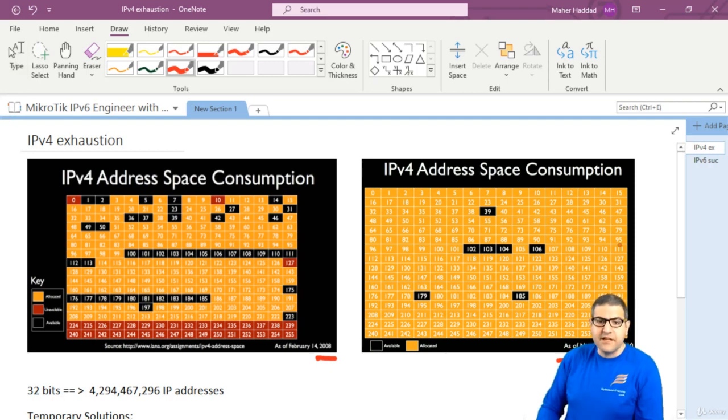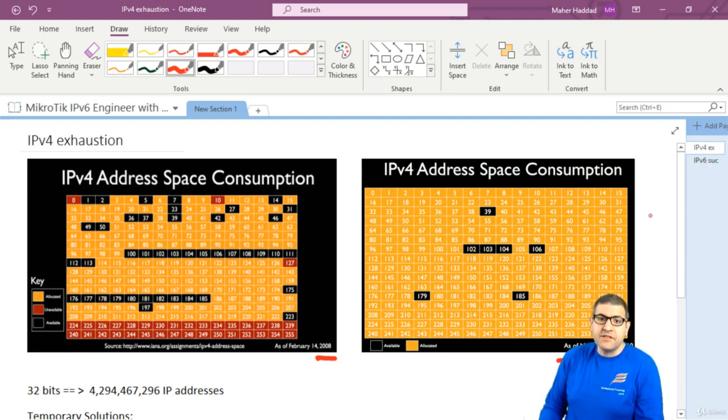Because of the growth of the internet, and because we are required to provide IP addresses to everyone to be able to go to the internet, the consumption of IP version 4 becomes too high, and then we don't have availability anymore. That's again in 2010. Now we are in 2020, so I assume this picture is much fuller now. It's almost full.